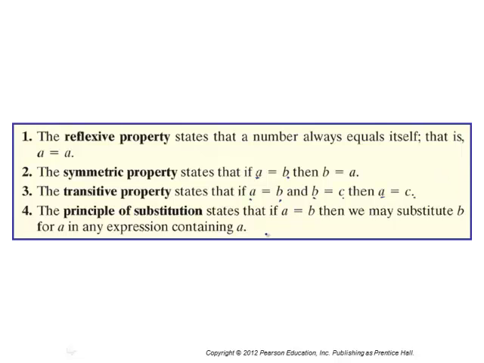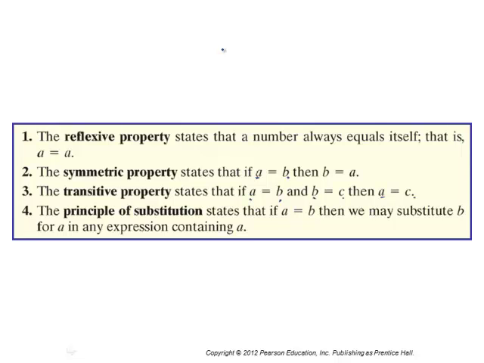And the substitution basically says that if A is equal to B, and so if you have some sort of equation or expression involving the one, then you can substitute the other in place of it. We use that when we're solving equations.